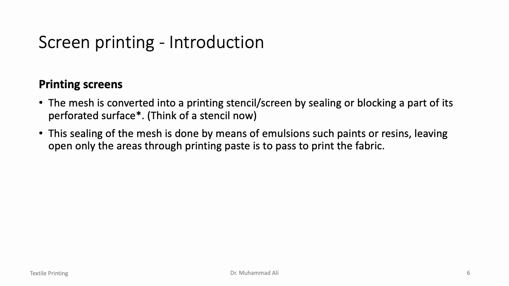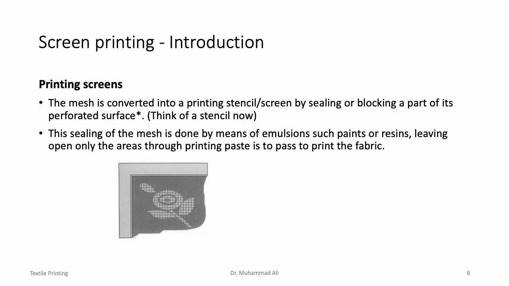In other words, the perforations in those parts of the mesh are open and therefore the print paste can pass through. So it might be becoming clear already that the emulsion is applied on the screen in a certain manner. We want to leave only those areas of the screen mesh open through which we want the print paste to go through.